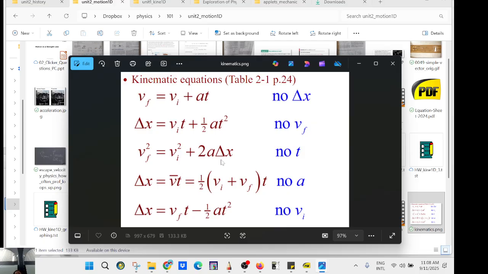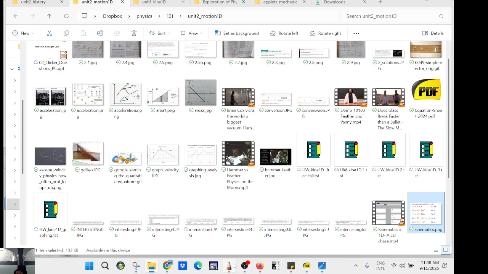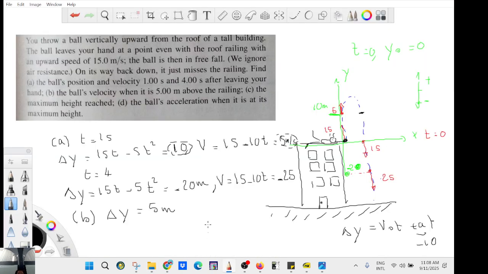It says that the work done by gravity will change the kinetic energy. That's what it says. Okay, don't forget everything you learn from one day to another day, right? You need to study in between. That will help.